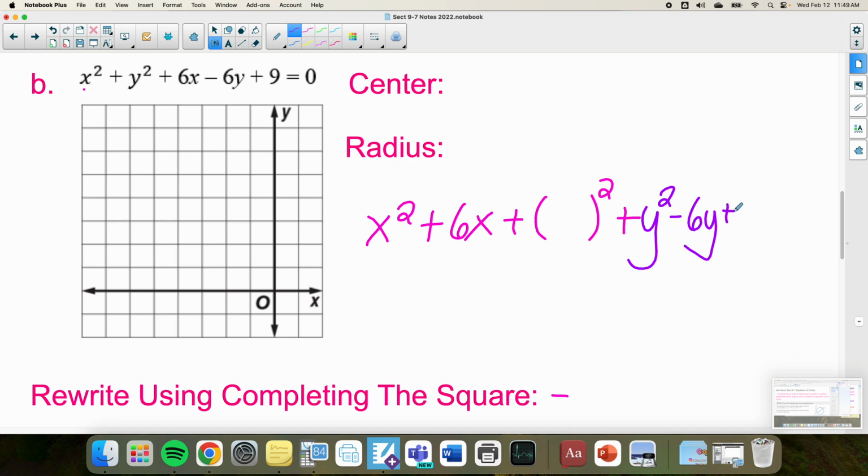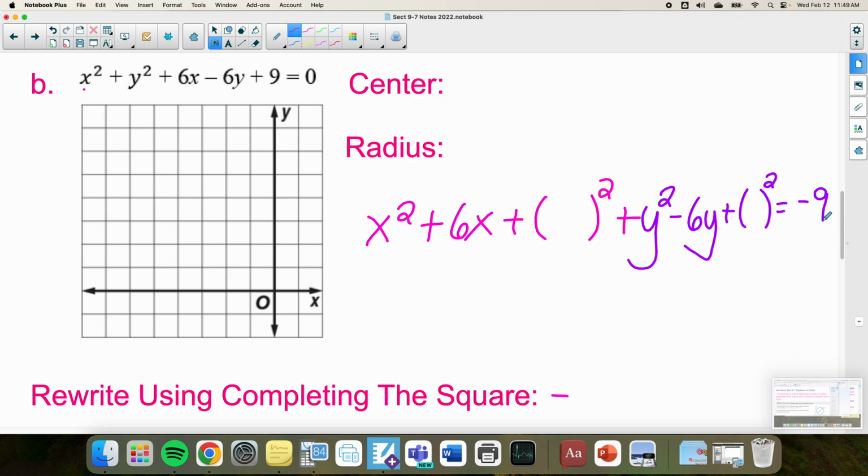So it's going to be plus something squared here, okay? And then I want that number to be on the other side. So because that number is positive 9 on the left, do you guys get that it would be -9 on the right?